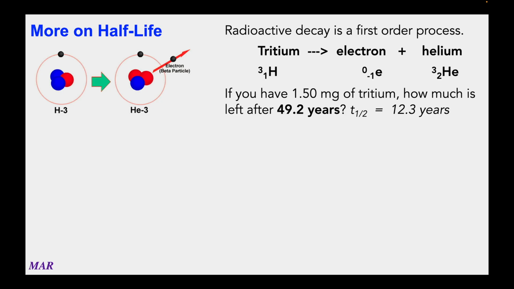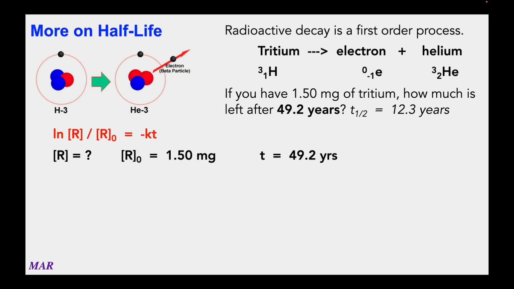You can have tritium, which is a radioactive isotope of hydrogen, decompose into an electron and a helium-3 nucleus. If you start with 1.50 milligrams of tritium, how much tritium would you have left after 49.2 years? The half-life for this process is 12.3 years. We'll talk about this kind of reaction in a future lecture. What I would do here, once again, you know it, is use the first-order integrated rate law.